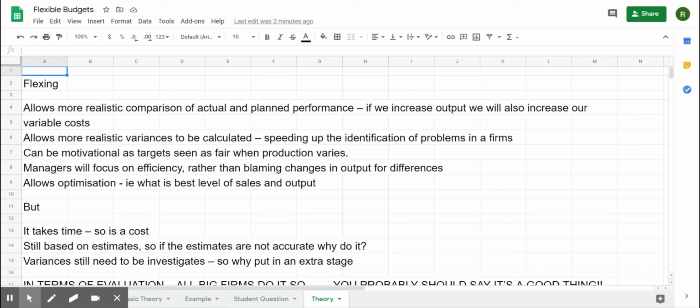It will focus them on looking at how they are doing against how they were expected to do for a level of output and sales. And it allows firms to think about optimizing their use of resources at different levels of output and sales.